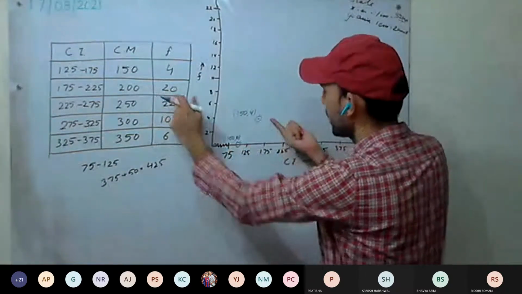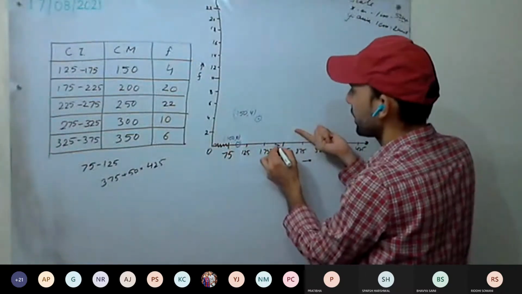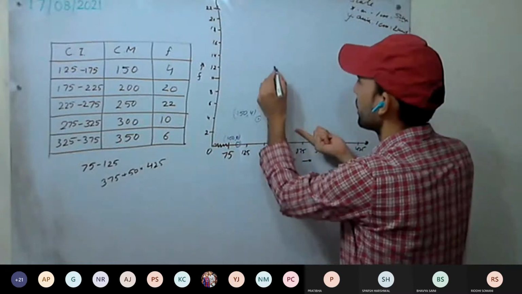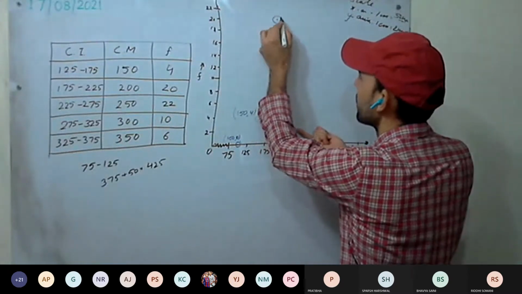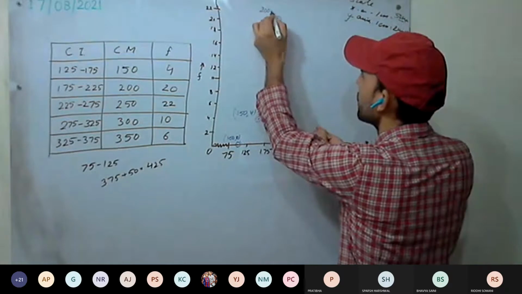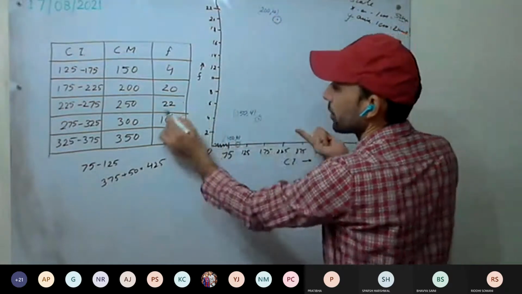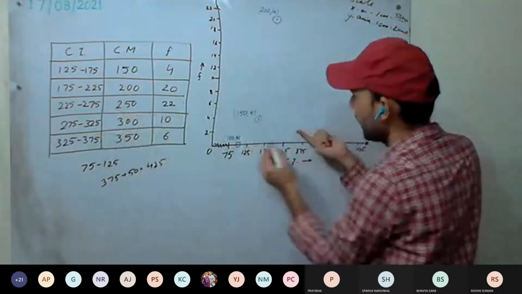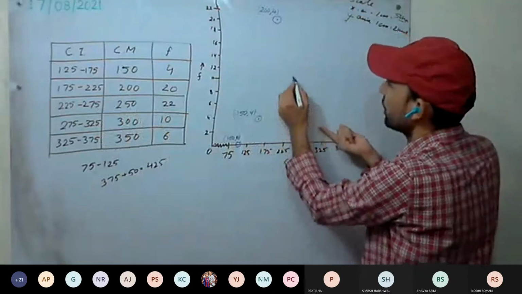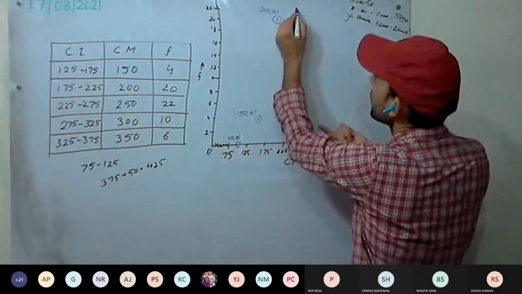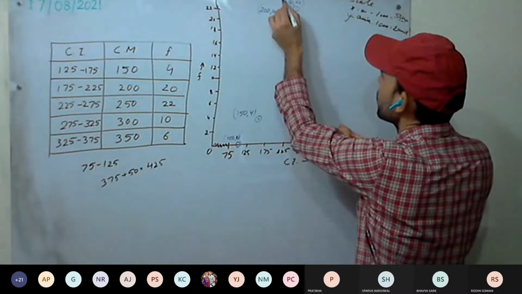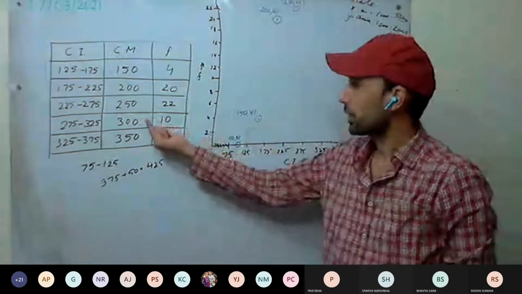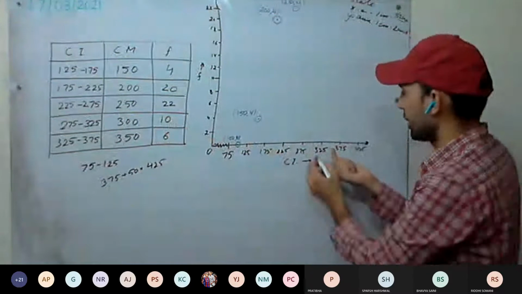Next one, 200 and 20. Next one, 250 and 22.